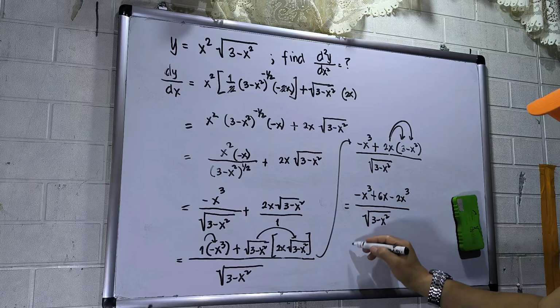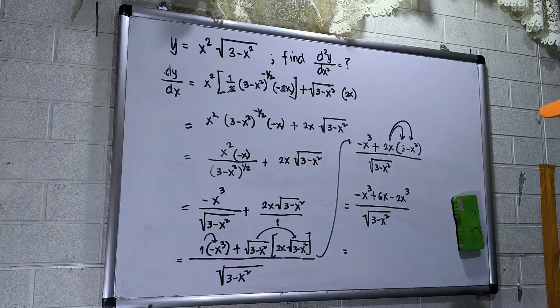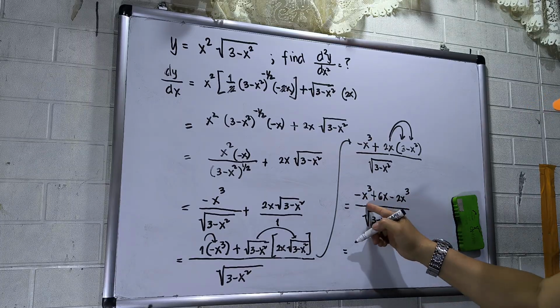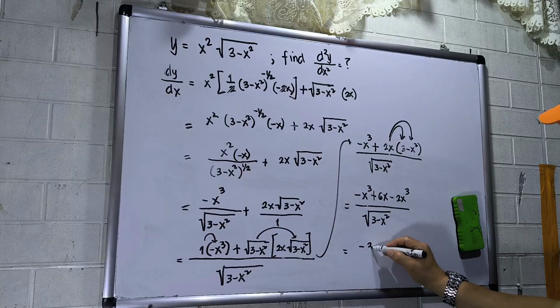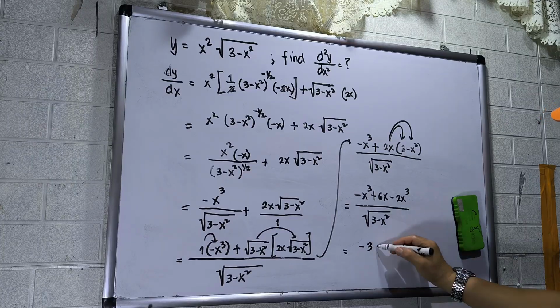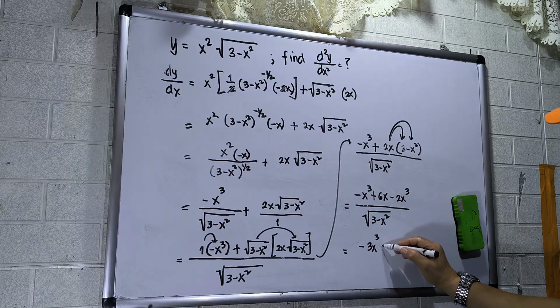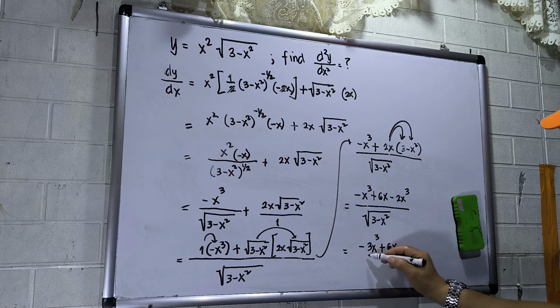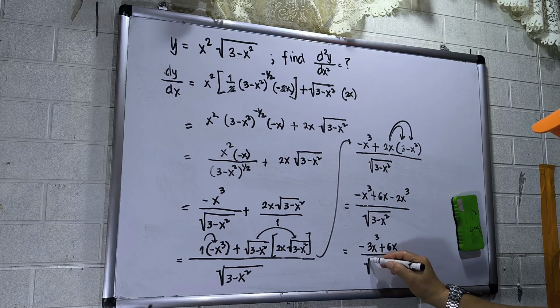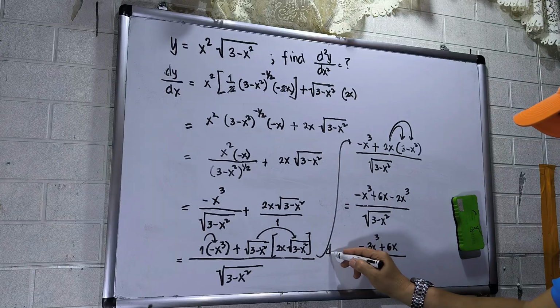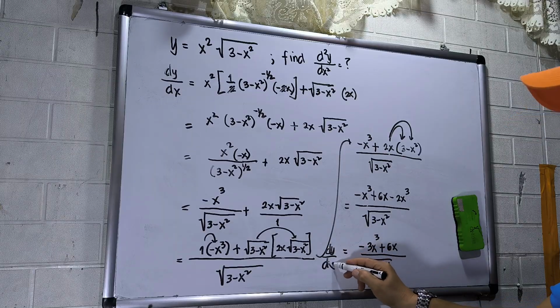So simplify at the numerator. So this will be negative 3x cubed, then plus 6x. Then this will be over square root of 3 minus x squared. So this is now my first derivative, dy over dx.